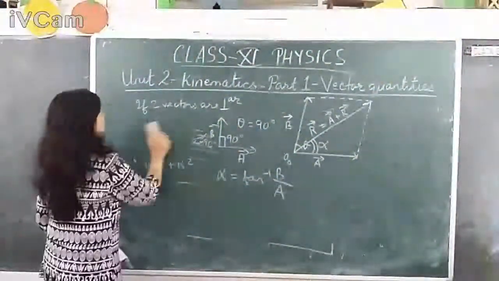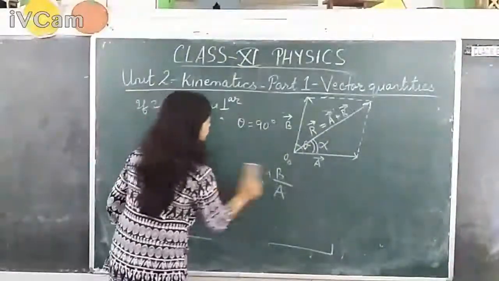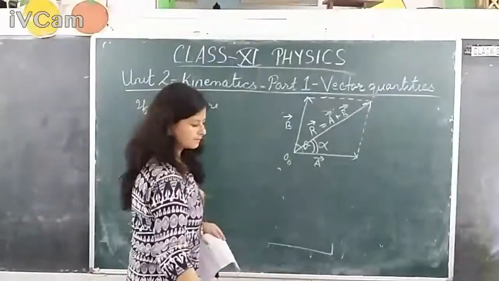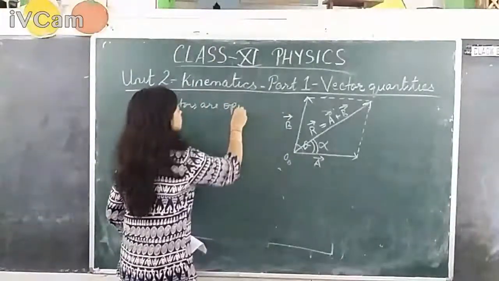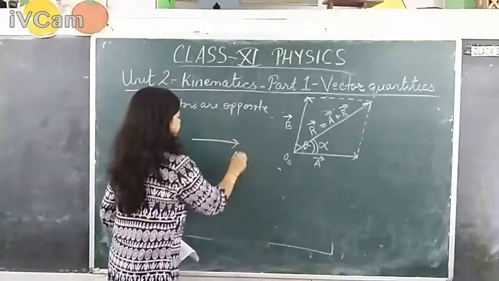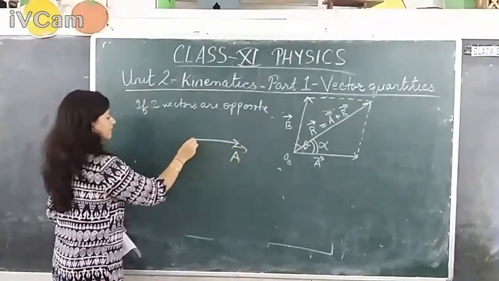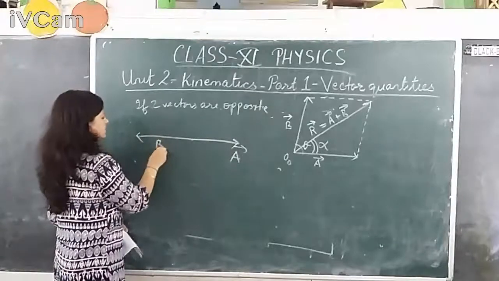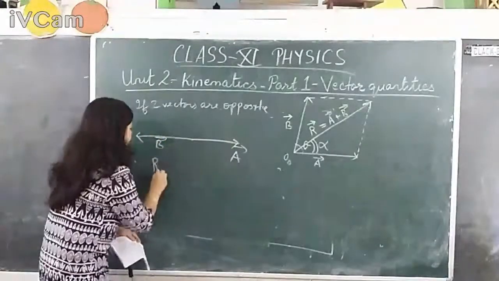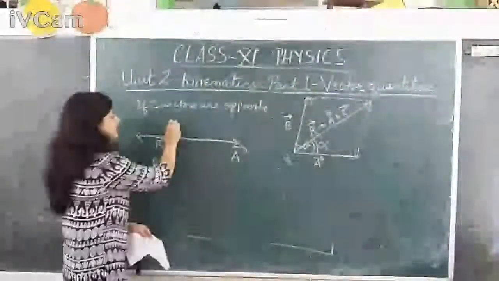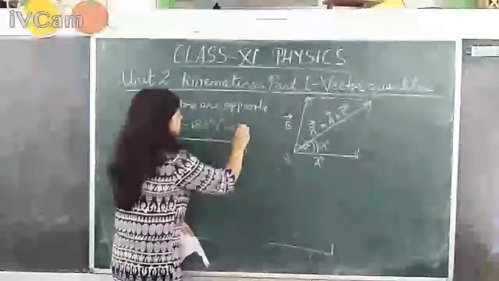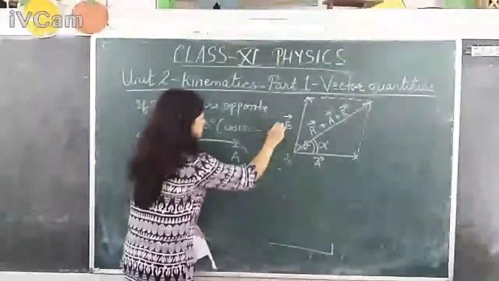Okay, and coming to the last case, if two vectors are opposite to each other, opposite means A may be directed here from the same point, and B is in the opposite direction. Okay, in this case, R will be equal to, replace the value of θ as 180 degrees here, and you should know that cos 180 is equal to minus 1.